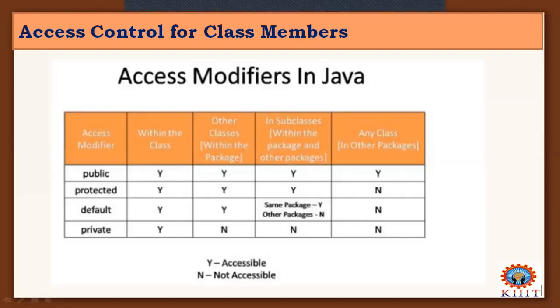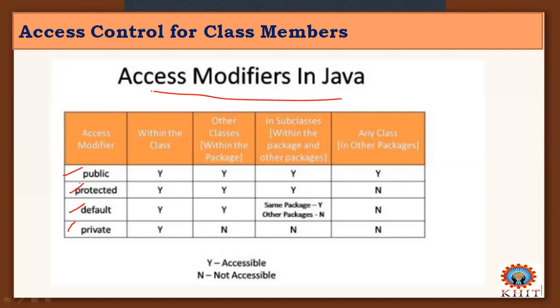Next one, coming to access modifiers in Java. Here: public, protected, default, and private. We already know public.